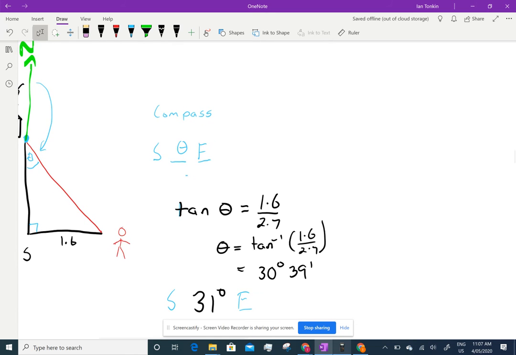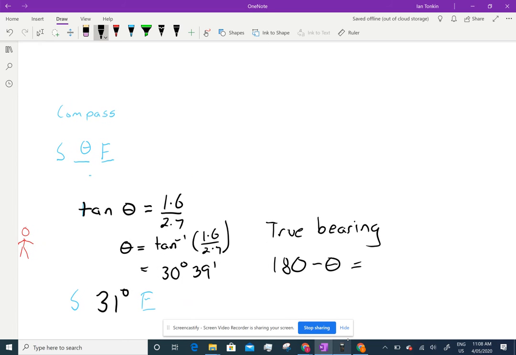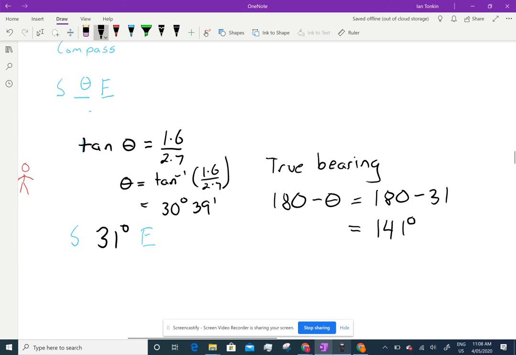So the true bearing is 180 minus theta. And we use the rounded version, 180 minus 31, which is 141 degrees. And that is the true bearing, 141 degrees, true.